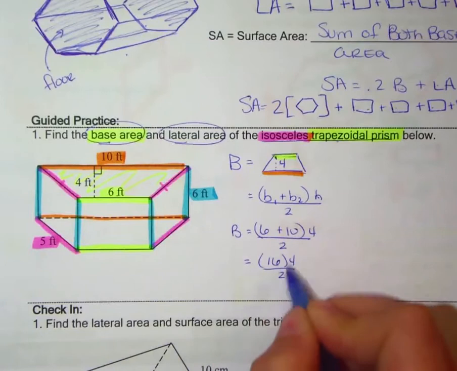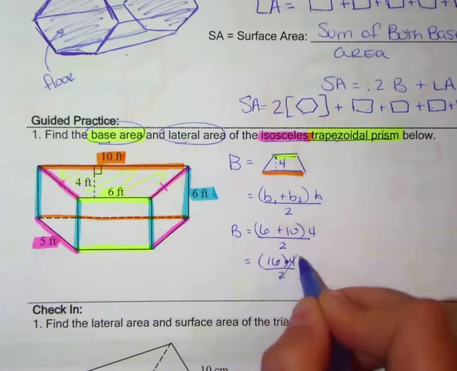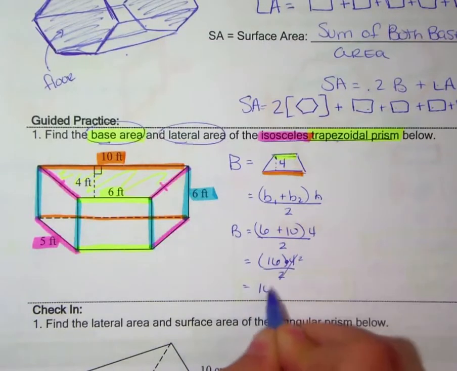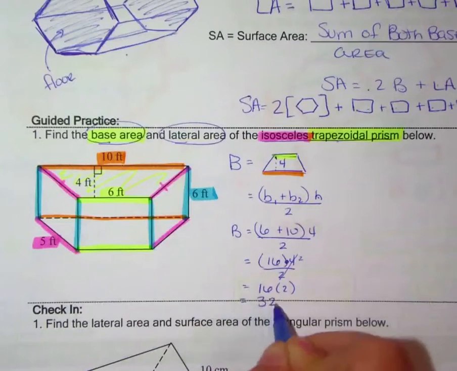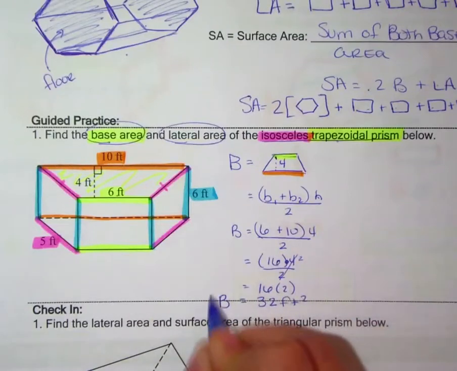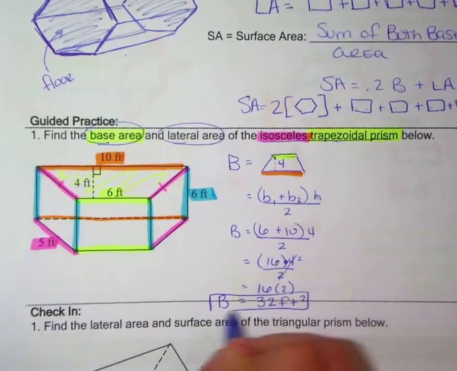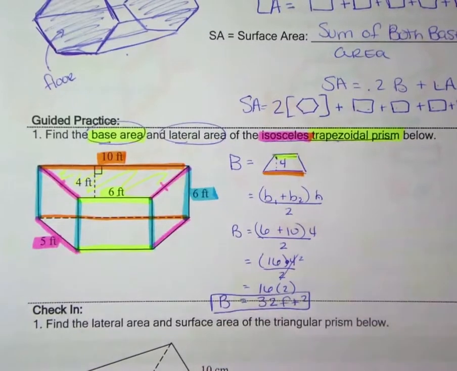We can divide by 2 because it's multiplication. So this is 16 times 2, which is 32 feet squared. So my base area is 32 feet squared.